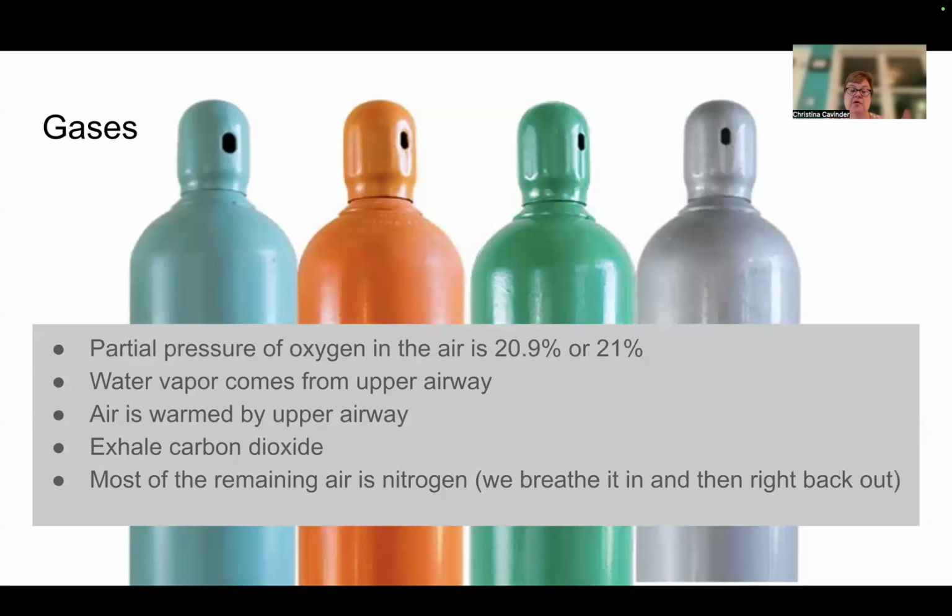Also, remember, water vapor comes from your upper airway. So if you breathe in air, and air is relatively dry, except in the summer months here in Northwest Indiana, your nose and your mouth provide vapor for that air to go into your lungs. If you breathe in really, really dry air, then you start to make a bunch of mucus.